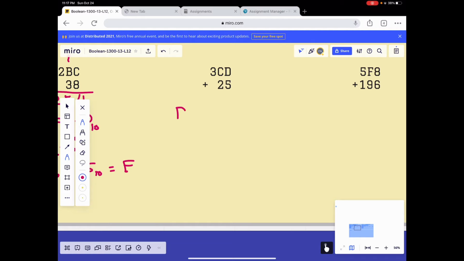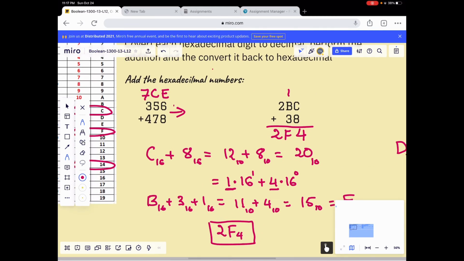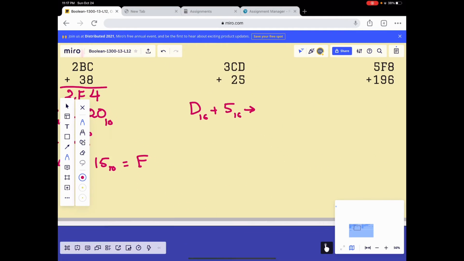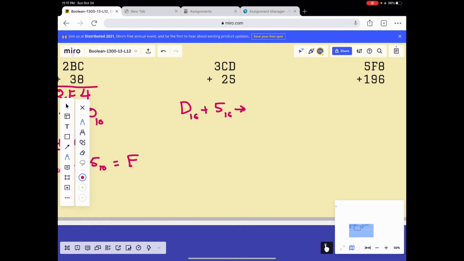D hexa plus 5 hexa, convert to decimal number. Letter D is 13, so I know letter D is 13. So I write down 13 plus 5 equal 18.